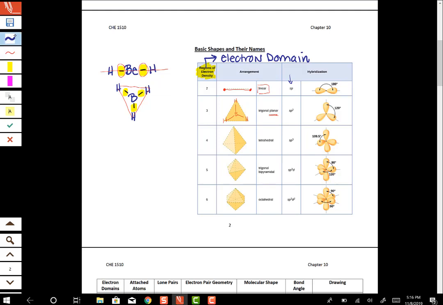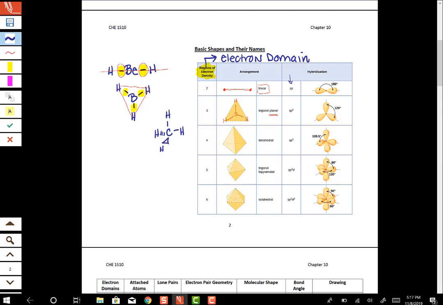And so when we've drawn things like CH4 in the past, we've drawn them like so. And this actually is not an accurate representation of what CH4 looks like, because in actuality, two of the bonds are in the plane of the page, and then one bond is going behind the plane of the page, and I'll draw that dashed, and one bond's coming out at you, and I'll draw that wedged.